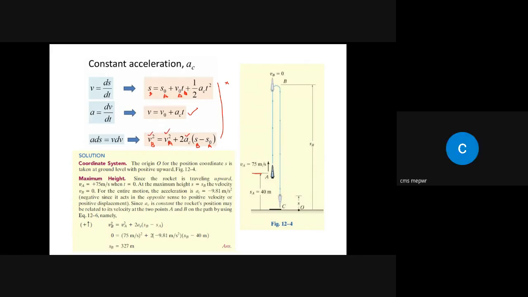Yes sir. VA also? Yes sir. Do we have SA? Yes sir. And acceleration also. So can we find SB? Yes sir. So use this equation and find your answer, right?